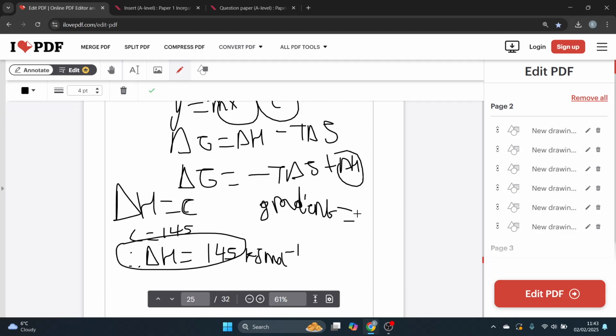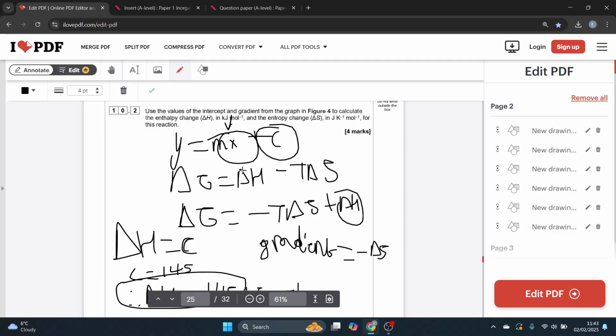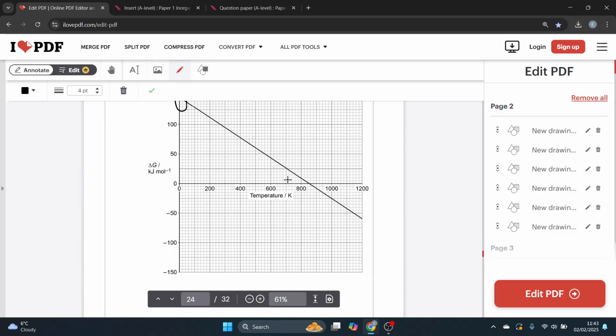And remember that is equal to minus delta S, because it's minus T delta S. T is x. I don't care about T. I want the entropy change. So find the gradient. Just do your typical y2 minus y1 divided by x2 minus x1.